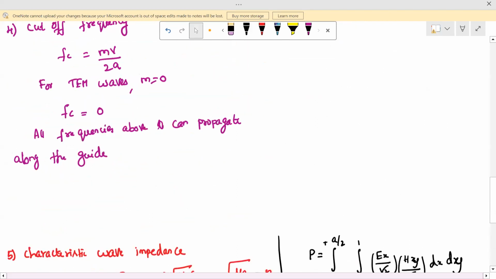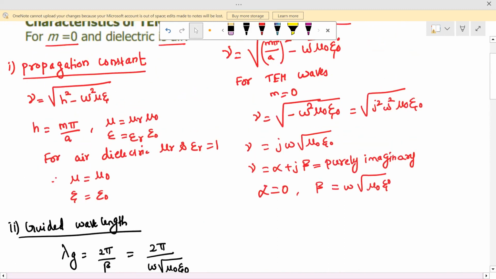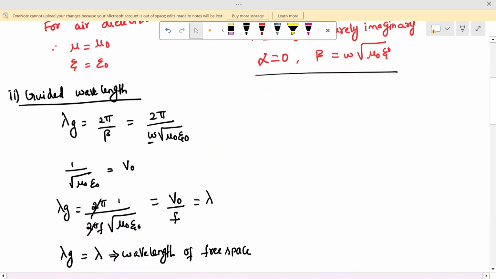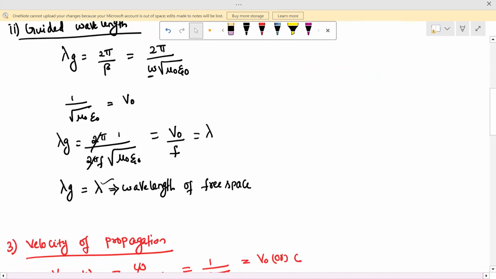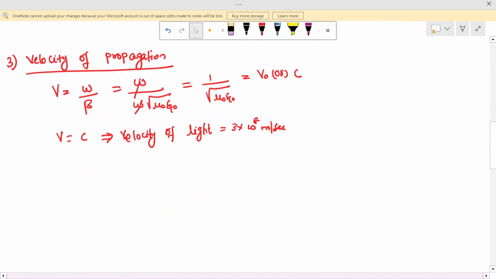So in this, we have derived the characteristics of TEM waves. We started with the propagation constant. We have obtained alpha as 0 and beta as omega into root of mu naught epsilon naught. Guided wavelength lambda g is equal to lambda, the wavelength of free space. Velocity of propagation v is equal to the velocity of light, c.